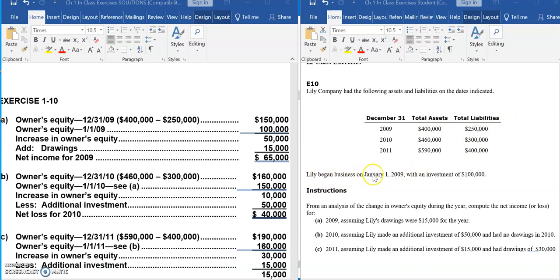This company, Lilly, began business on January 1st, 2009 with an investment of $100,000. So that means that on January 1st of 2009, the company started off with an investment owner's equity of $100,000 and probably cash of $100,000.